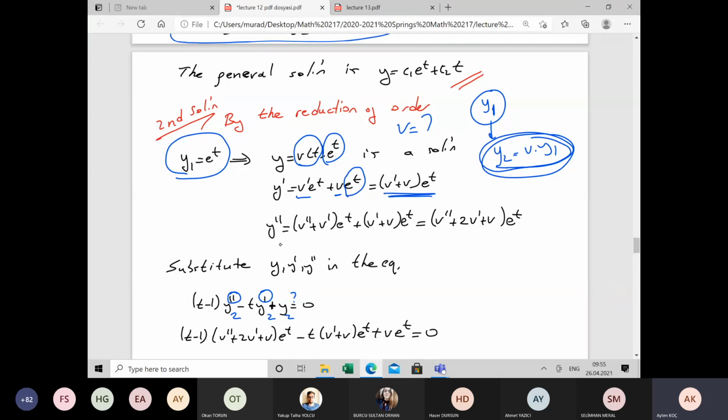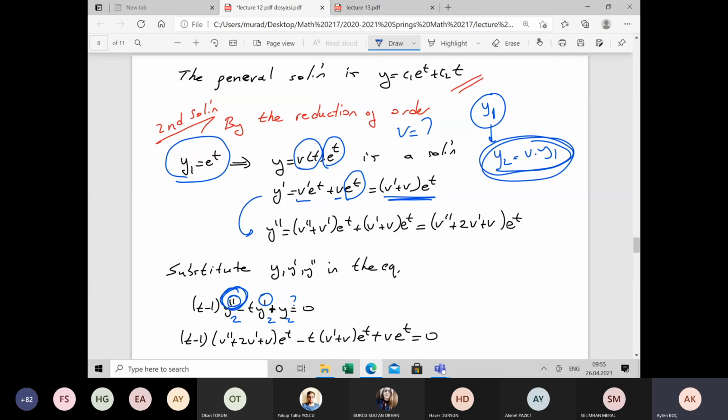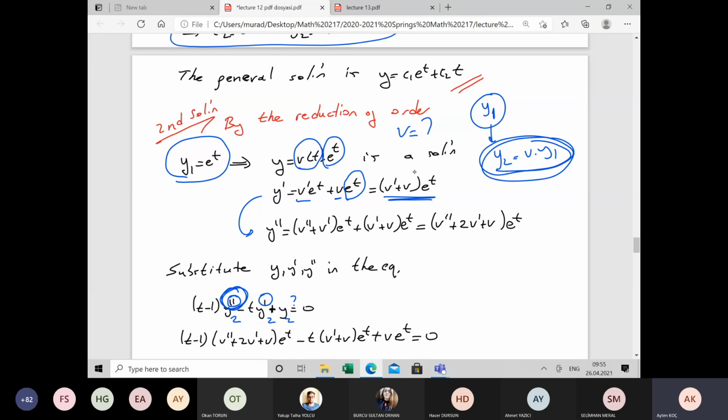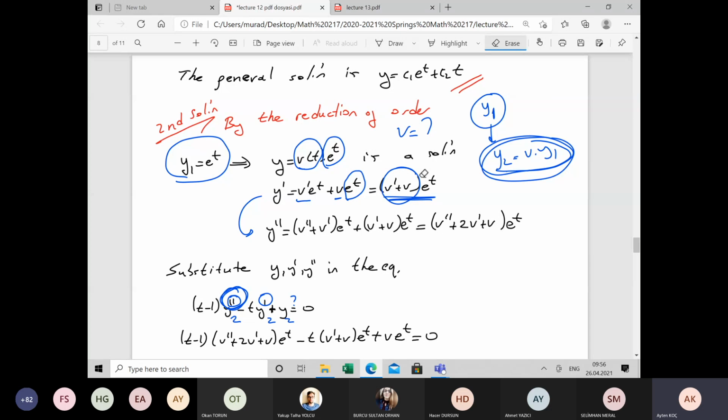Then compute the second derivative, y double prime with respect to t. It will be better to rewrite and apply the product rule to the right side, because otherwise we compute the derivative of one product and then the derivative of another product, but after rewriting we obtain only one product.